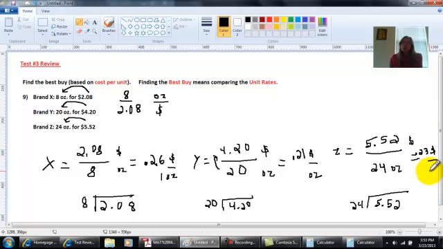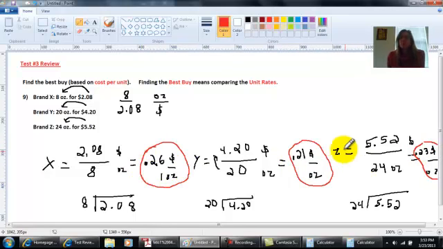But if we're using the decimal, we have to say dollar. So it's $0.23 per ounce, and that got really blurred into that equal sign. But here we have $0.23 per ounce, $0.21 per ounce, $0.26 per ounce. So really you're spending the least amount of money on brand Y.